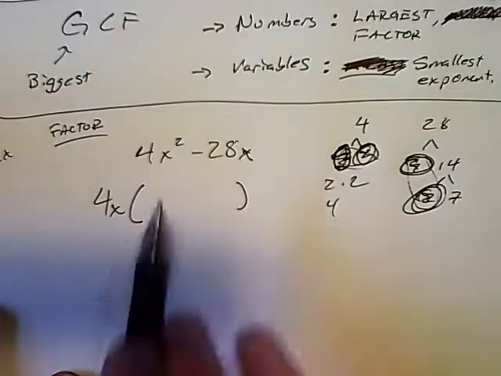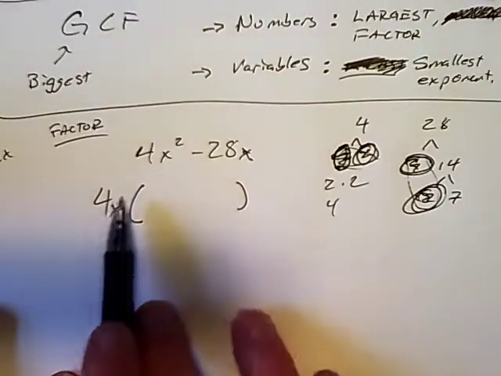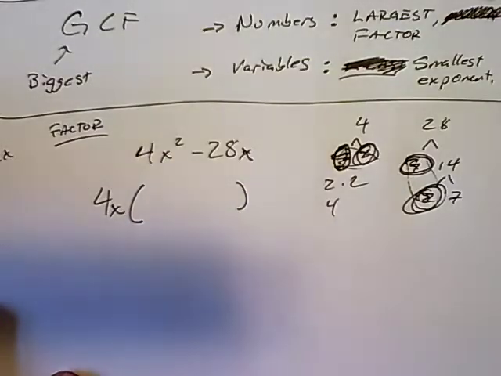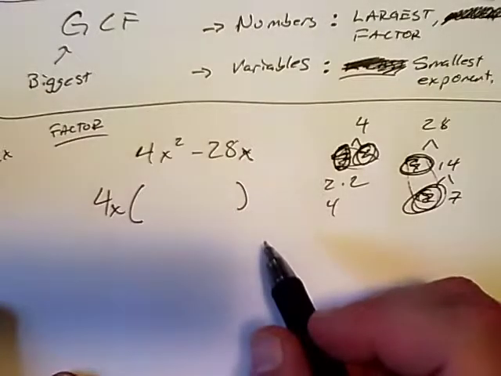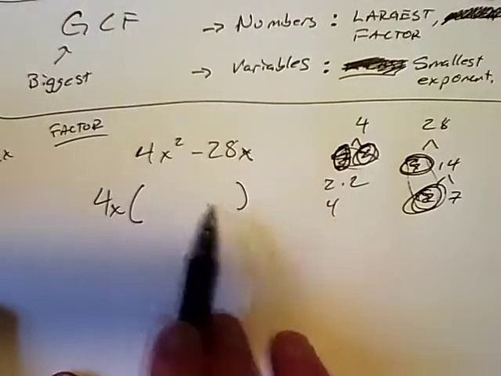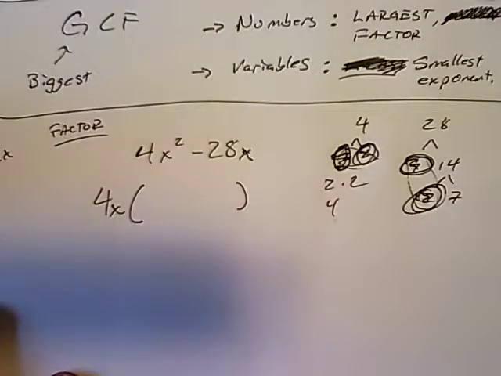So now how do I determine what's going to be left over? After I determine what number and what variable are coming out, I'm going to determine what's going to be left over on the inside. Well, distribution was multiplication, so for the greatest common factor, factoring out, I have to divide.